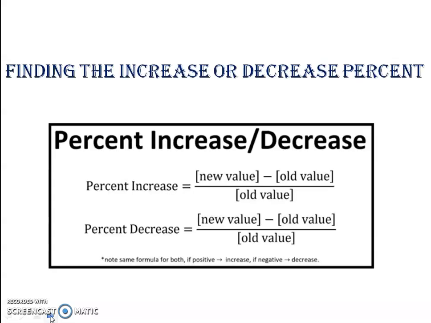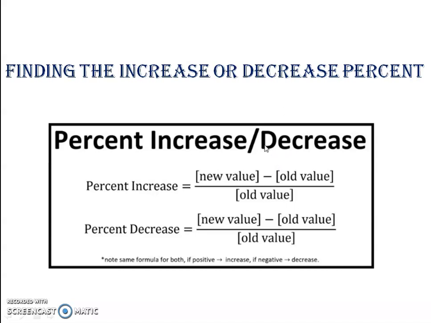Here comes the formula for percentage increase or percentage decrease. Percentage increase is equal to new value minus old value by old value. Percentage decrease is equal to new value minus old value by old value.